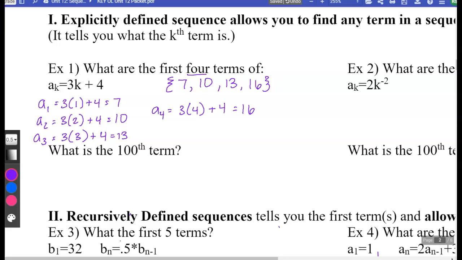So this is the beauty of explicitly defined sequences. We can just take this 100th term and plug it in for k. That's 300 plus 4. The 100th term is 304.